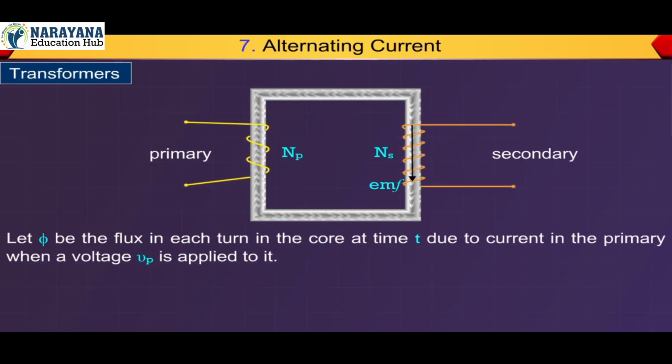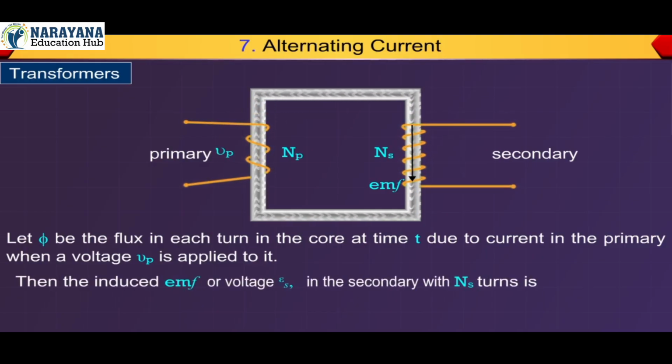Let phi be the flux in each turn in the core at time t due to current in the primary when a voltage Vp is applied to it. Then the induced electromotive force or voltage epsilon s in the secondary with Ns turns is epsilon s = -Ns dphi/dt, equation 45.